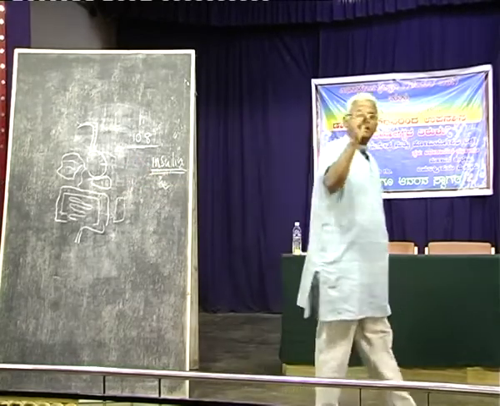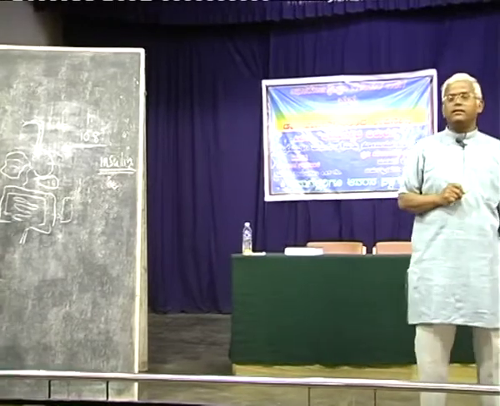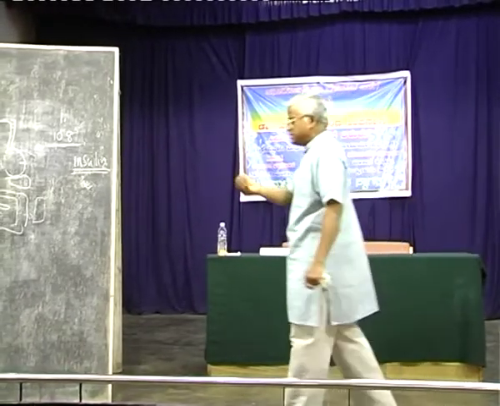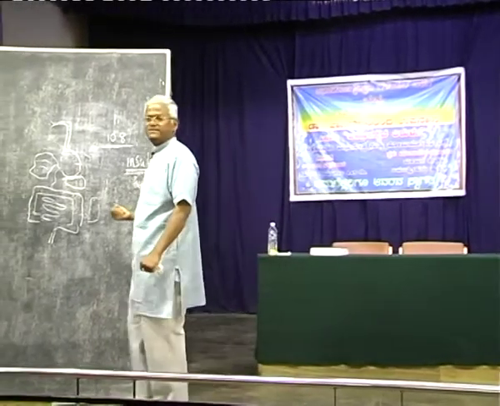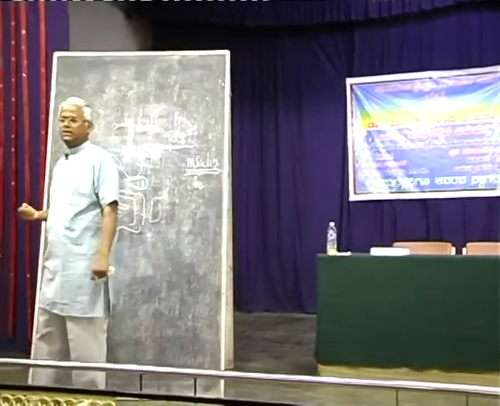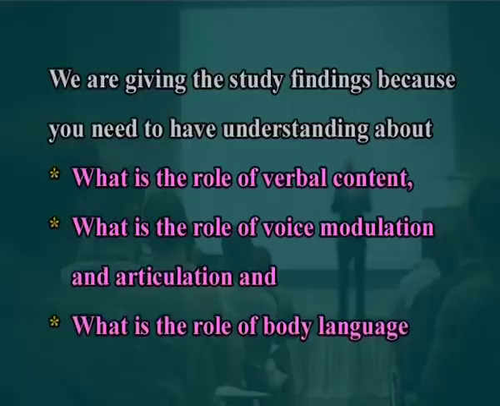Look at the role of voice modulation and articulation is 38%, and body language communicates 55%. We are also going to be discussing the role of body language in presentation. We have given you this study findings because you need to get an understanding about what is the role of verbal content, what is the role of voice modulation and articulation, and what is the role of body language.